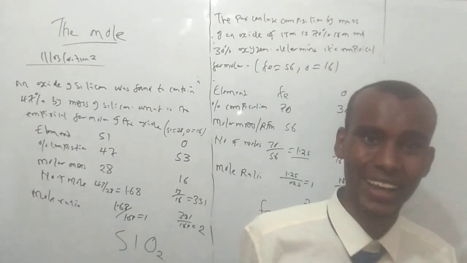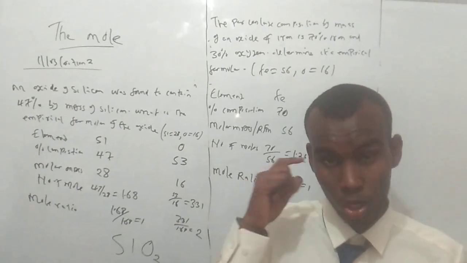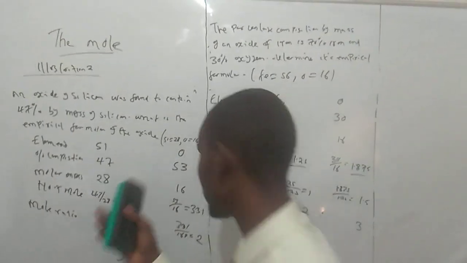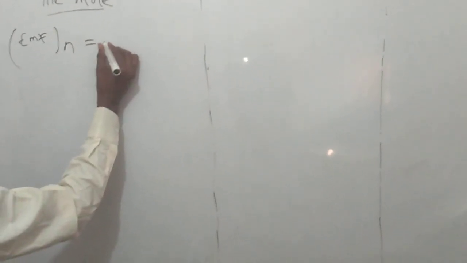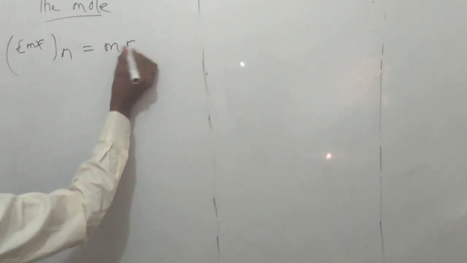Now I want to do the second part, which is molecular formula. Empirical formula raised to N will give us the molecular formula. But how do you get the N?